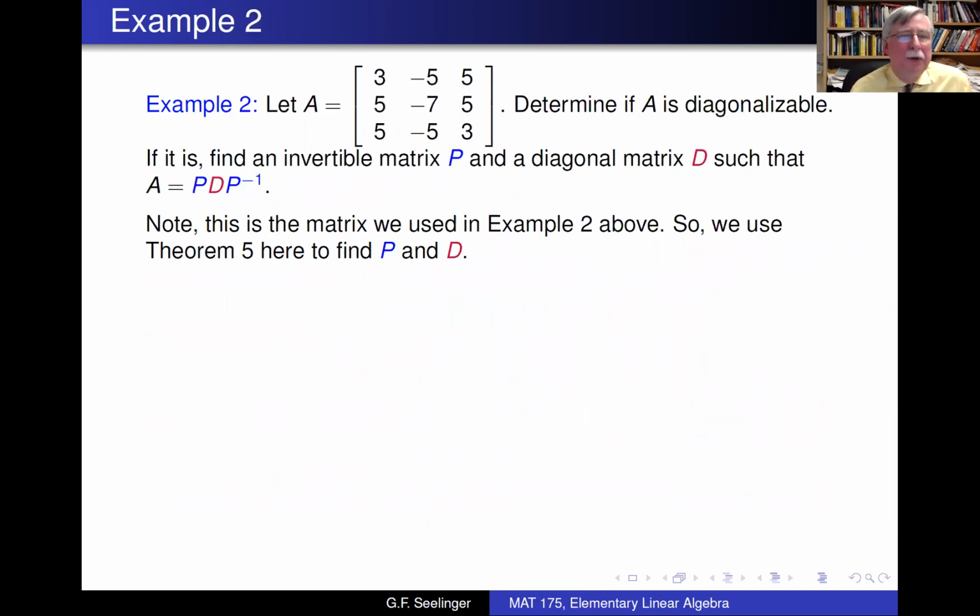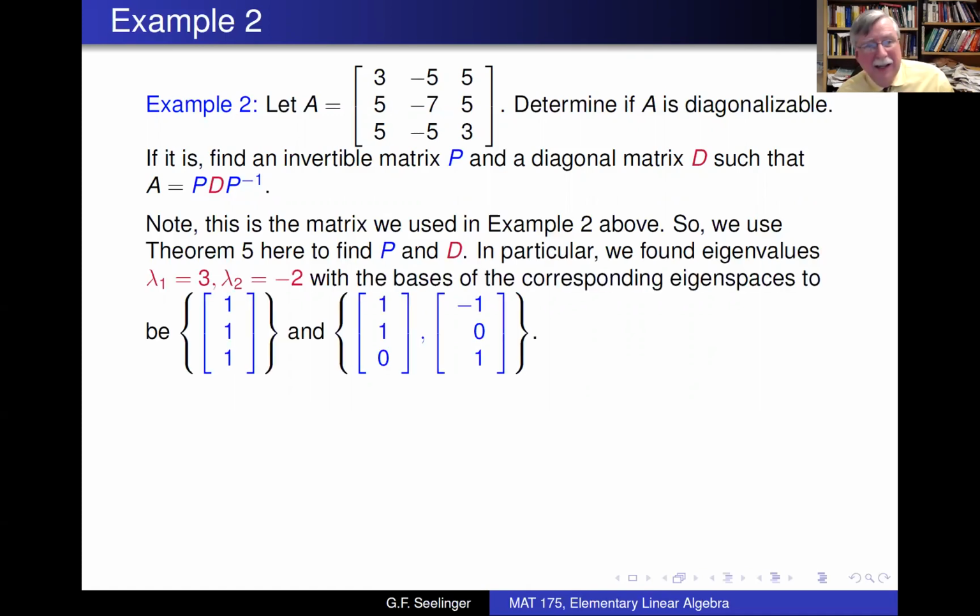Let's take a look at example 2. We again found a basis of eigenvectors and eigenvalues. We only had 2 eigenvalues, but we had a basis of 3 eigenvectors. Again, I can throw these 3 vectors into the columns of a matrix.